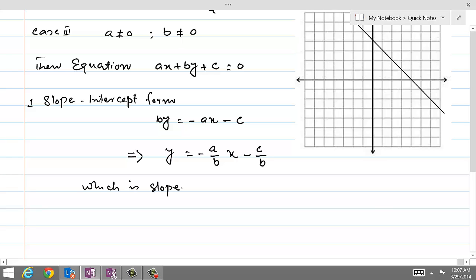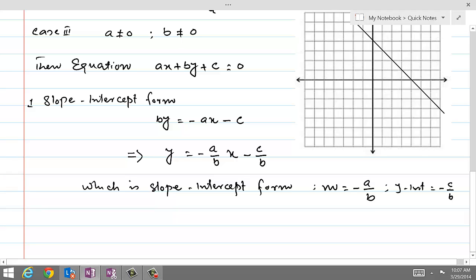and coefficient of x is slope, so m is equal to minus a over b, and y-intercept is equal to minus c over b.